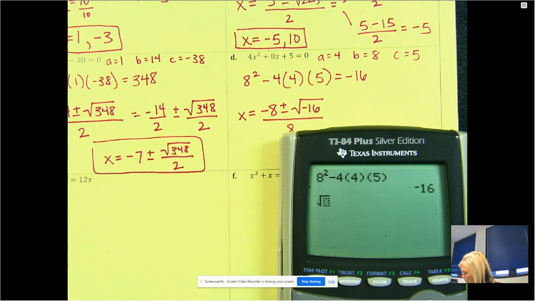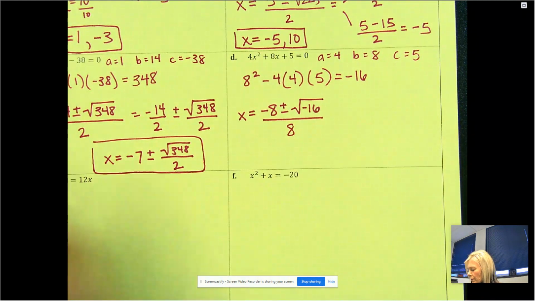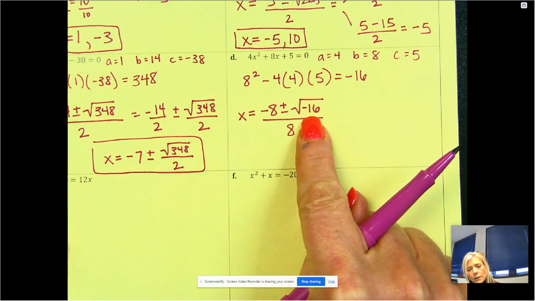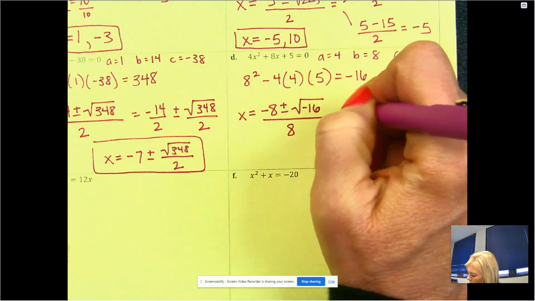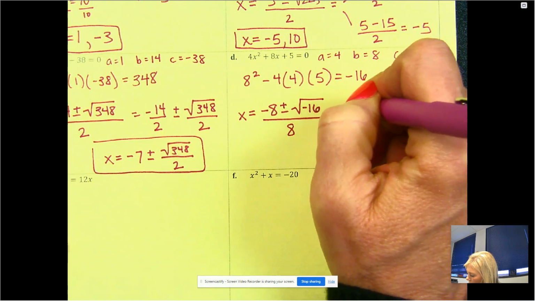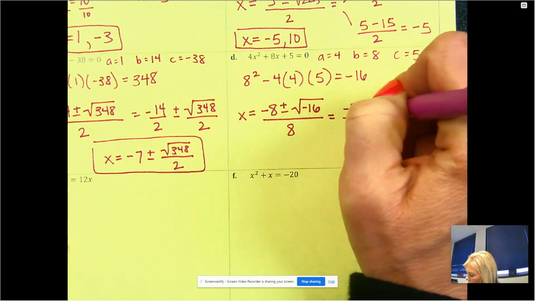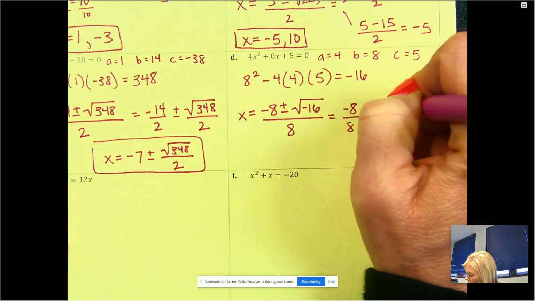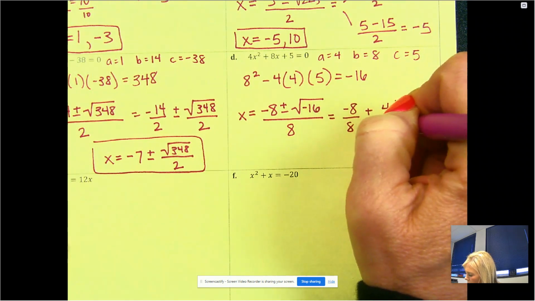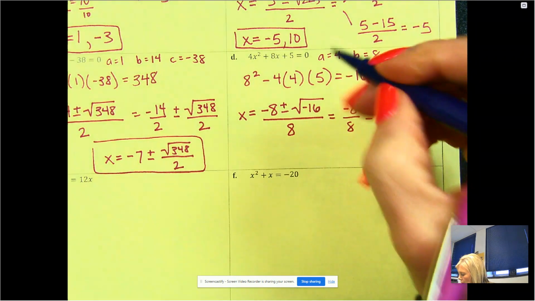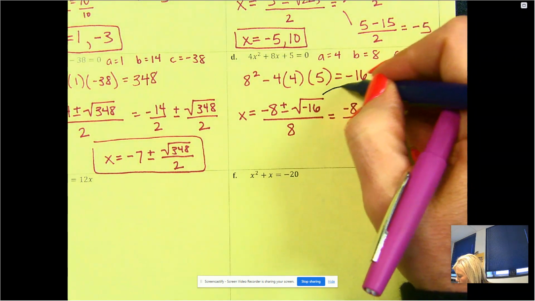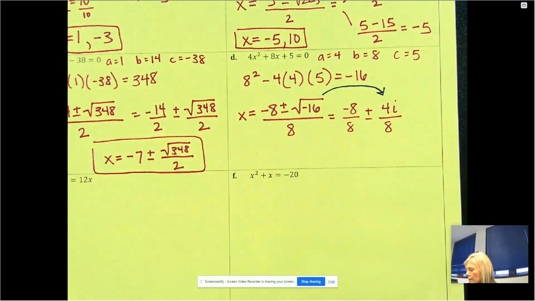The square root of 16 is 4, which means the square root of negative 16 is 4i. So in our process of simplifying, we're going to break apart the division. And the square root of negative 16 is equal to 4i. So that's where the 4i comes from.